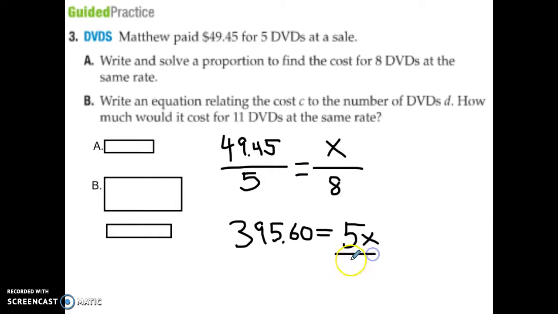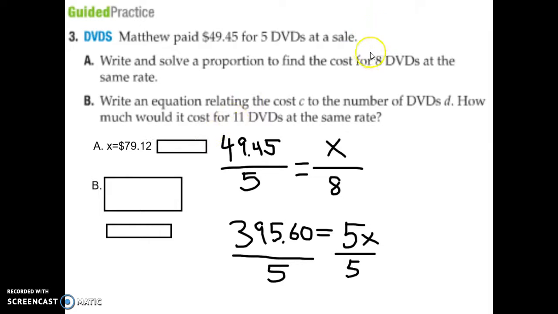To solve, to see how much it costs for 8 of them, I divide both sides by 5, and I get an answer of $79.12. So that's how much 8 DVDs cost. Well, how many would it cost for 11? They want me to write an equation, not necessarily a proportion, so let me erase this previous work.